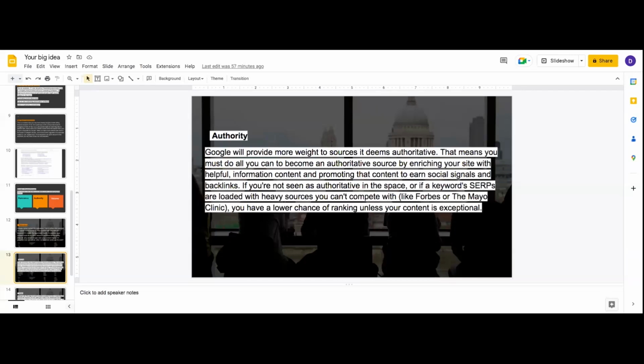Probably they're an authority in finance, probably in business. So it is very hard for somebody who is not an authority in that field writing about finance or business to be on the number one page of Google or beat Forbes. I'm not saying it's not possible, but it takes a lot of effort.